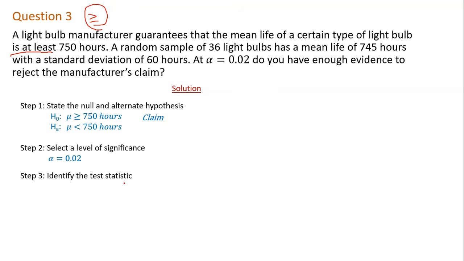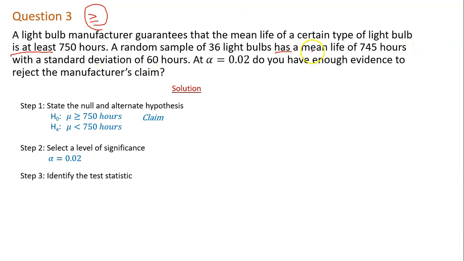So how do we identify the test statistic? We go and check the standard deviation or the sample size. We go and check if the standard deviation is a population standard deviation, or we check if the sample size is greater than 29. So let's check the standard deviation first. They say a random sample of 36 light bulbs has a mean life of 745 and a standard deviation of 60.